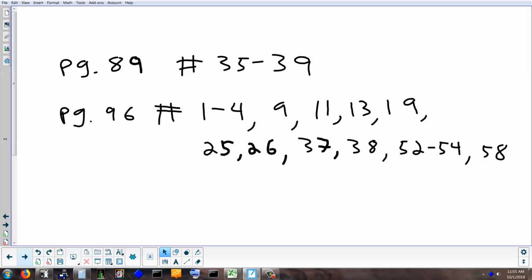So that's 35 to 39. And then page 96 is what we just did on solving linear and quadratic equations. All right, so we'll take a look at that tomorrow. Tomorrow we should be on track to get done section 2.4, and then Wednesday I think we'll finish chapter 2.